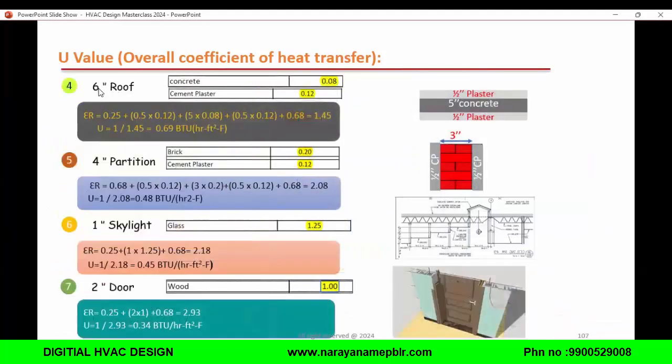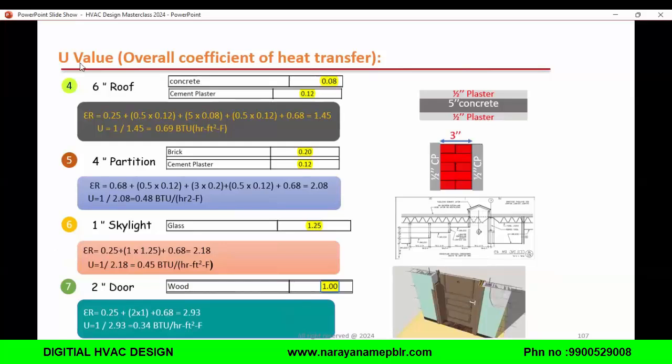So for roof, for partition, for skylight, for door. Clear? So you see an example here. For roof. Similarly for 4-inch partition, 5-inch, 1/2-inch, skylight, doors.